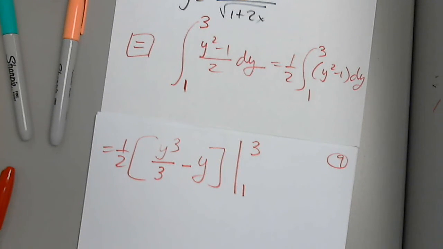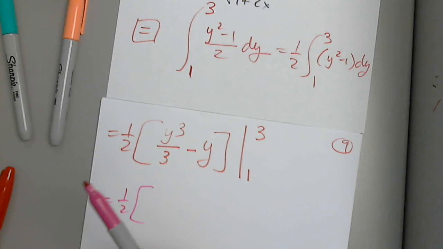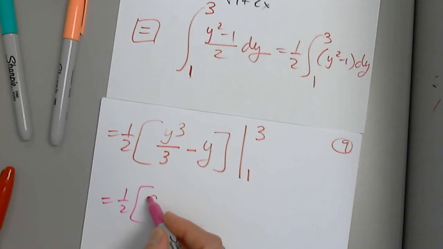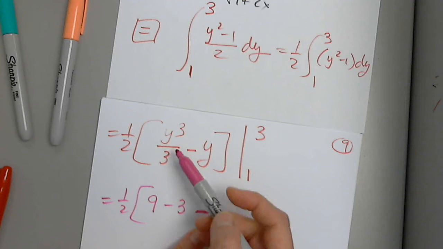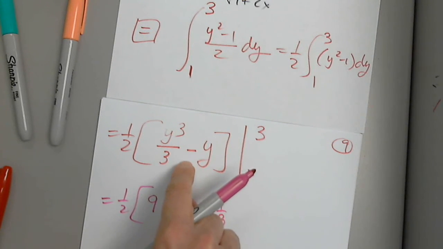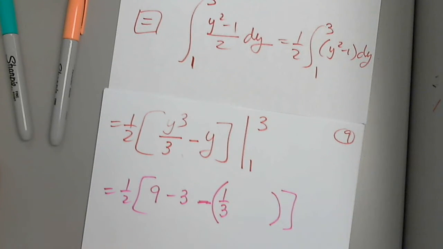What do I do next? I plug in 3. 3 cubed is 27, divided by 3 is 9, minus 3. Minus, be very careful now, plug in 1 and we get 1/3, but I have a minus, so I have to change it. Let's put it in parentheses for everyone to see what we're doing.